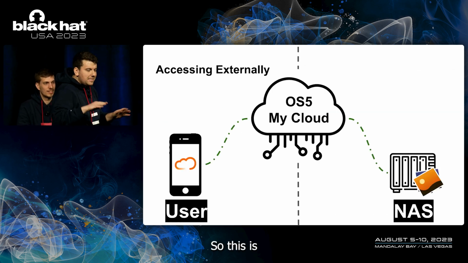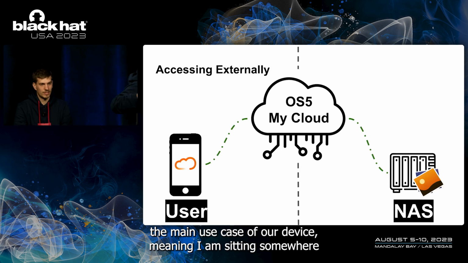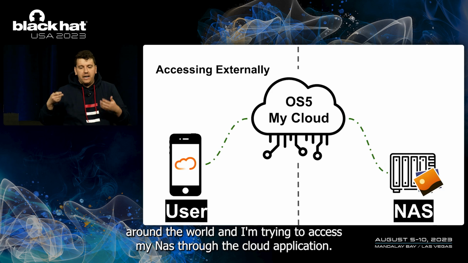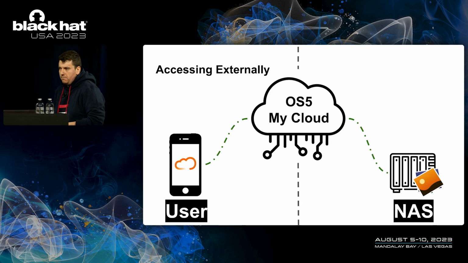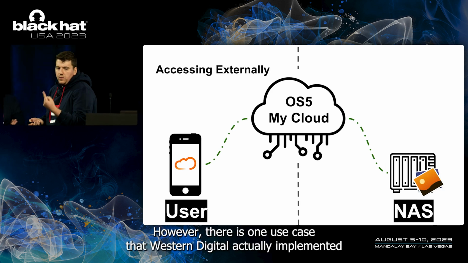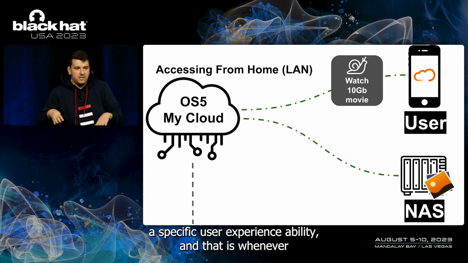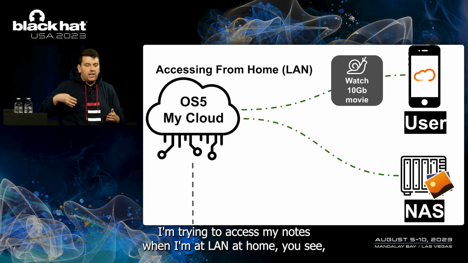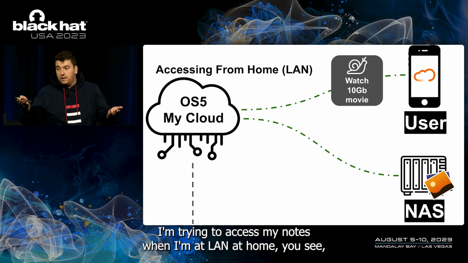So this is the main use case of our device, meaning I am sitting somewhere around the world and I'm trying to access my NAS through the cloud application. However, there is one use case that Western Digital actually implemented a specific user experience ability for, and that is whenever I'm trying to access my NAS when I'm on the LAN at home.